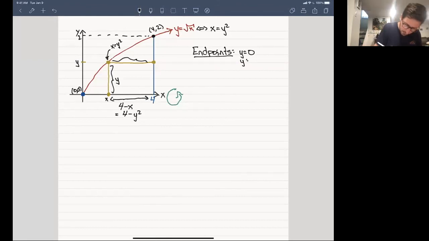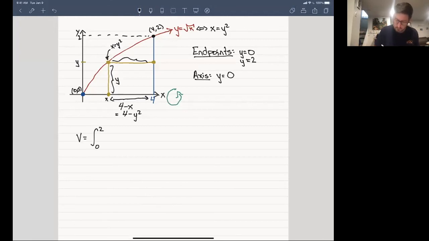So our upper endpoint is y equal to 2. And then the axis is the x-axis, given by y equal to 0. So luckily, based on how these examples worked out, the L value is going to be 0. Now we've got all the pieces we need.